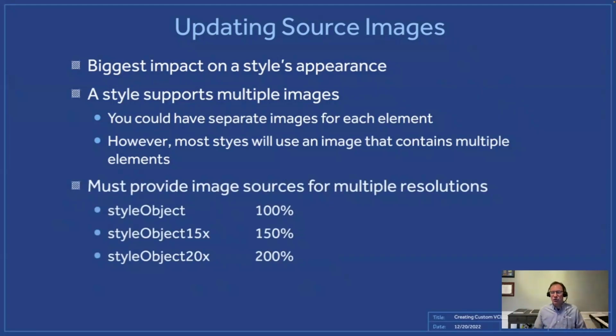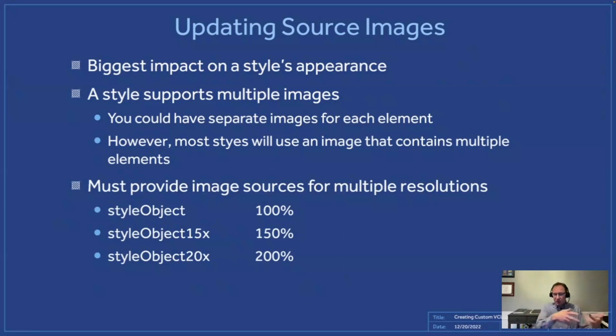Since we're talking high DPIs, we do want to support multiple object resolutions and scaling. So for a particular style object, we're going to have a 100% version, a 150% version, and a 200% version. That means we need to take that into account in our source images.